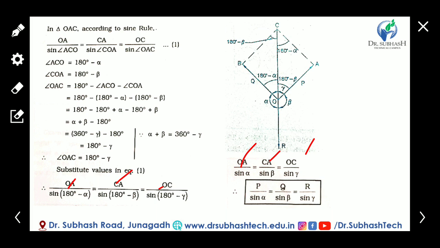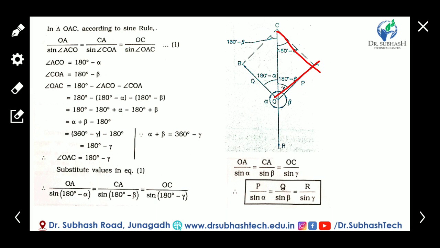Now OA is P, CA is Q and OC is R. Clear? So OA is the same size as the P force, CB is the same size as the P force.